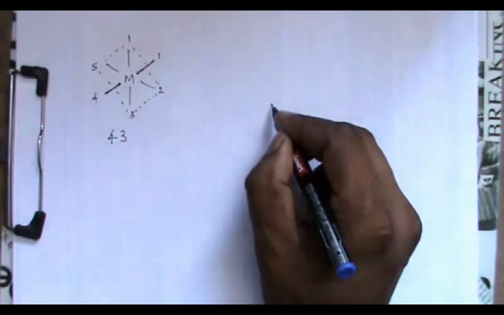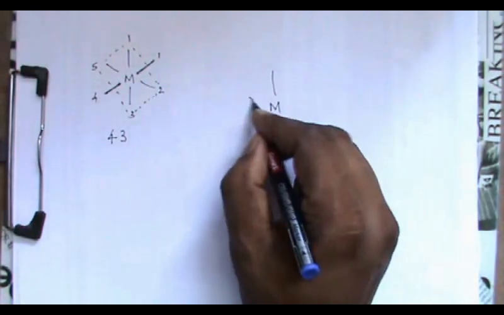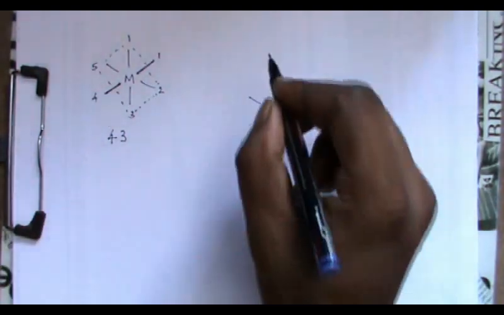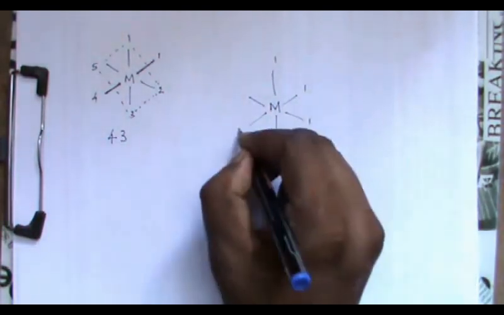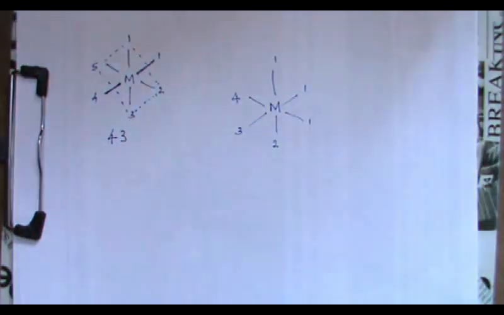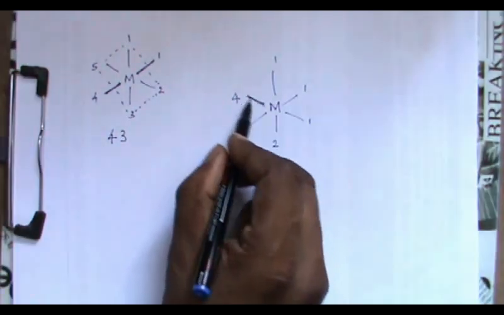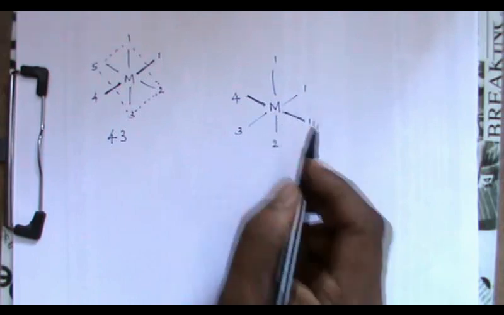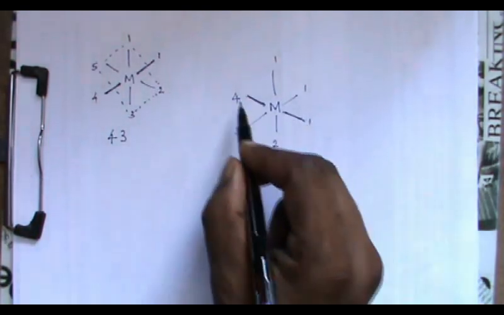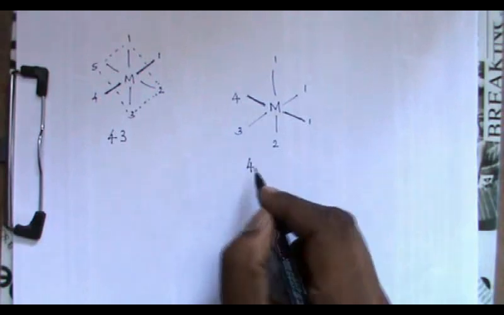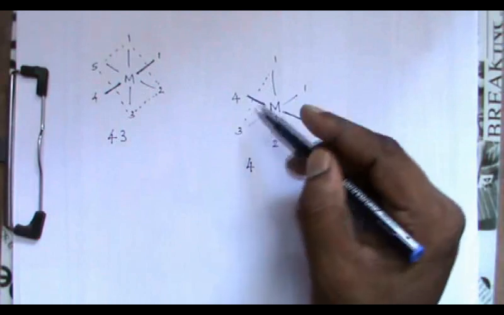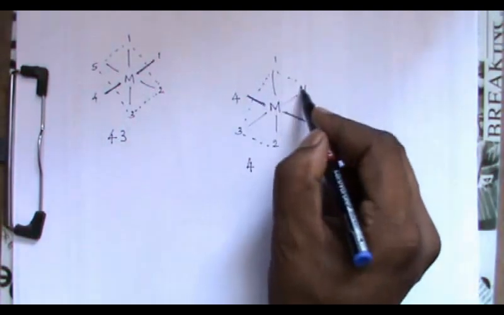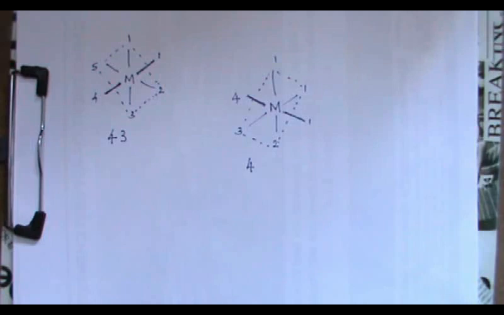I go for one more example. Say I have 3 ligands with the highest priority. Already we have seen this should be the principal axis. Opposite to 1, I have 4. So the first digit in the configuration number will be 4. If you consider this square planar portion, now I have 2 ligands with highest priority.